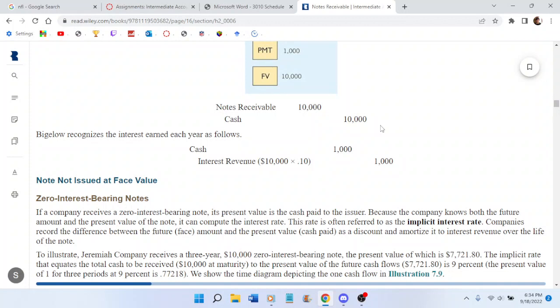Notes receivable, cash, interest earned. Interest revenue.